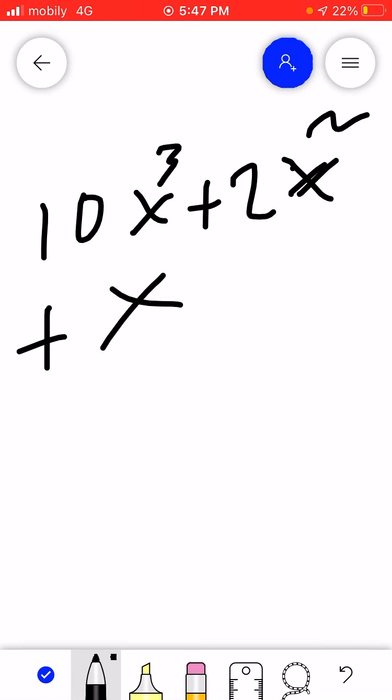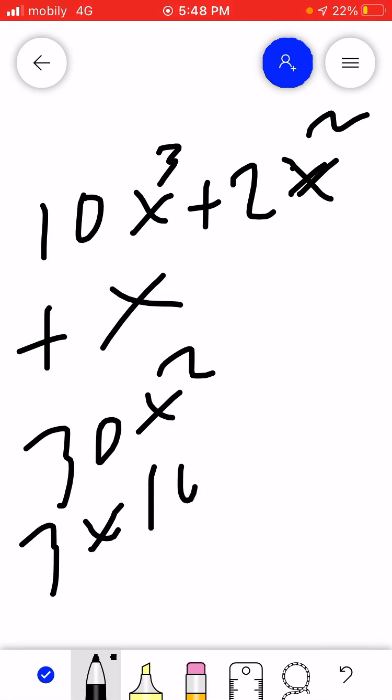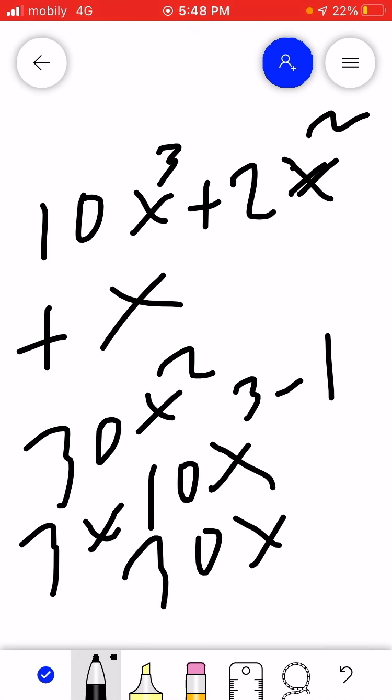Well, let's think about it. 10x to the third means it's 30x squared, because 3 times 10x, then 3 minus 1. So we get 30x squared.